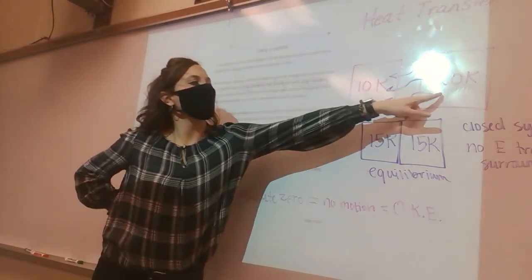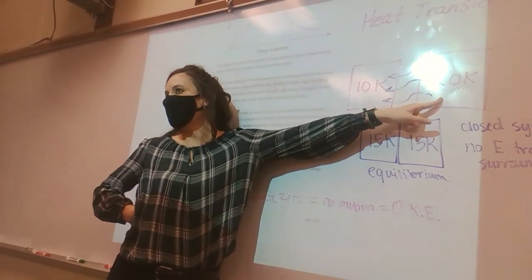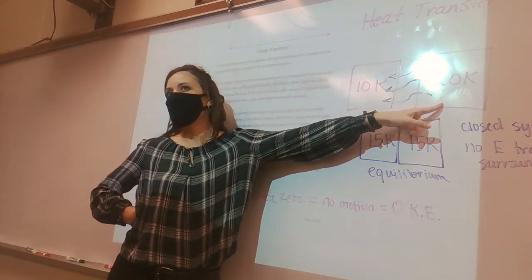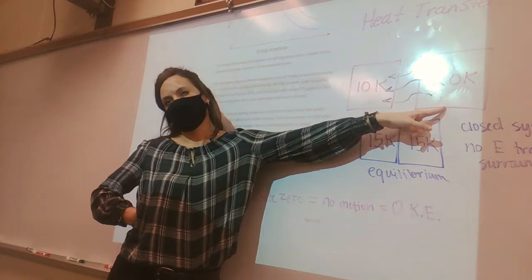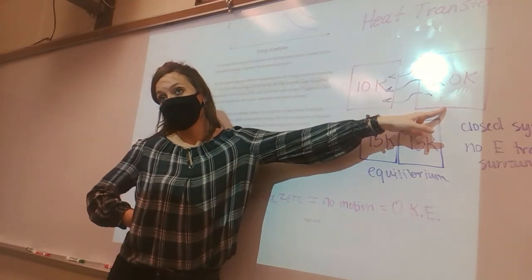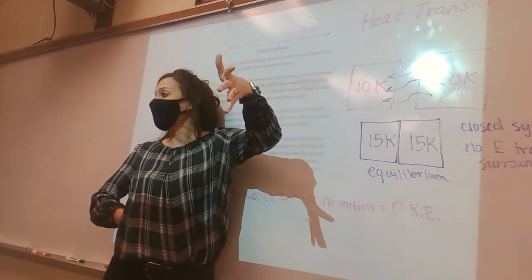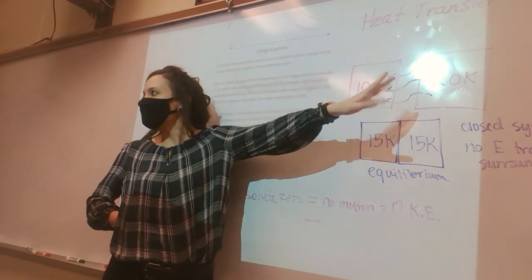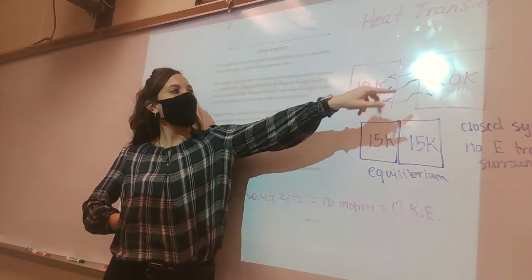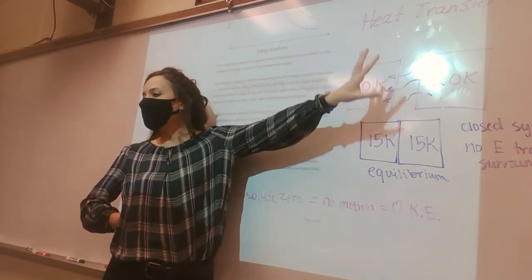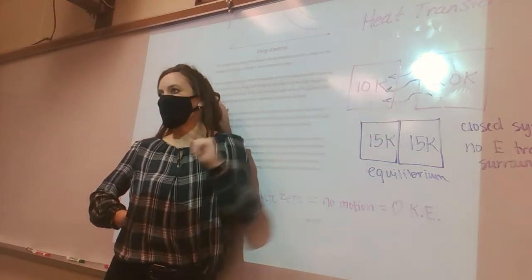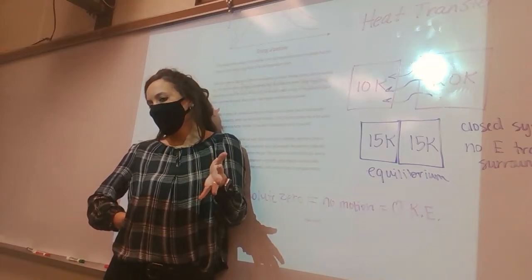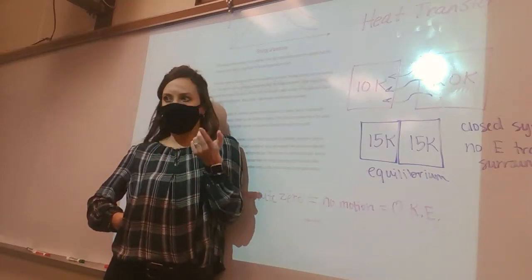What if this block was bigger? Would they end up at 15? Where would they end up? I mean, you don't have to be exact. Higher than 15. So the masses of these blocks, the sizes of these blocks, have to be equal. You have to have the same number of particles of each. And then there's one other thing.